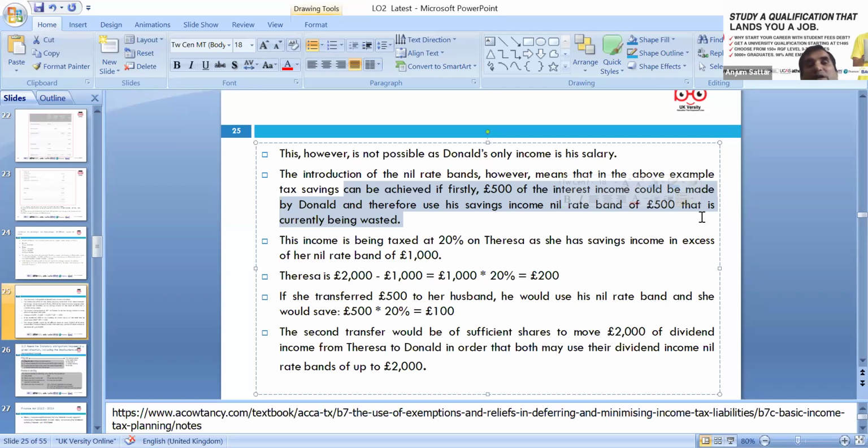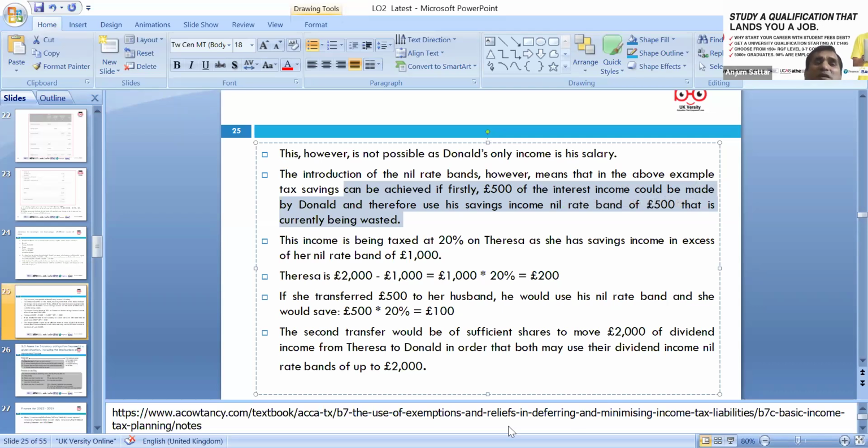So because the husband does not have any investment income, we can invest in the partner's name, and of course we can save on the tax. So if she transfers 500 to her husband, he would use the nil rate band, and she would save £100. Anybody, any question here, please? If you have, we can look at that in the shares we've been given, and then we can calculate the tax liability, and we can say which option is the best.